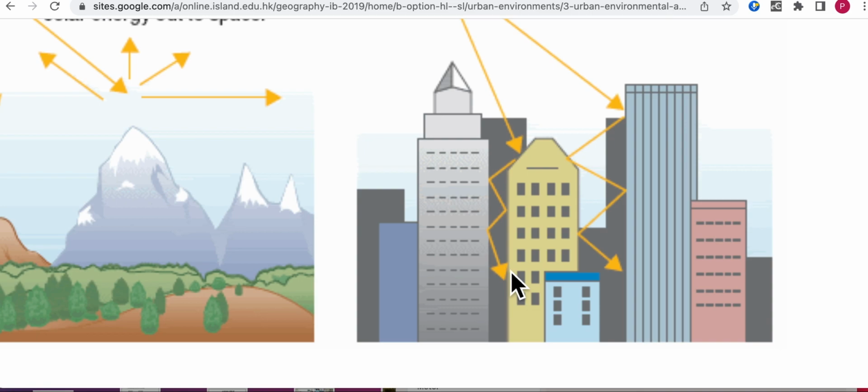You see the yellow building in the middle there could get twice as much solar radiation, because it gets the direct sunshine from above, but also gets the reflected sunshine, or solar radiation, from this building that you can see there.